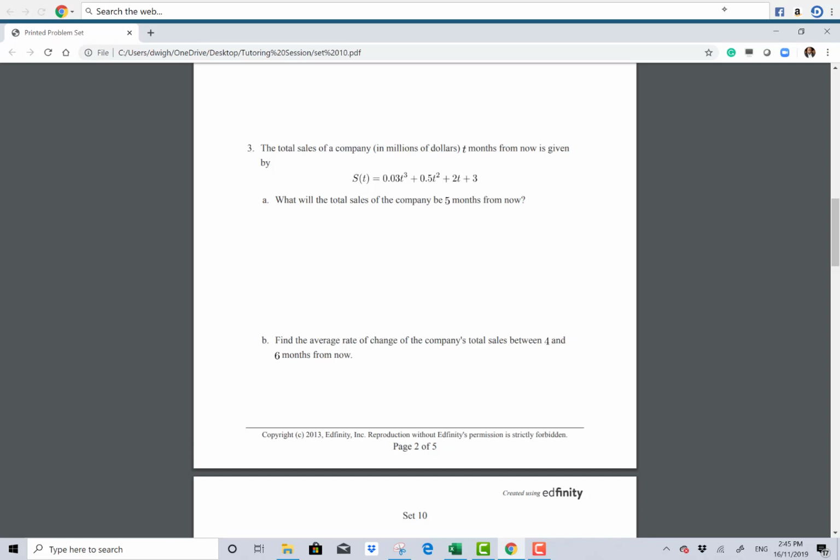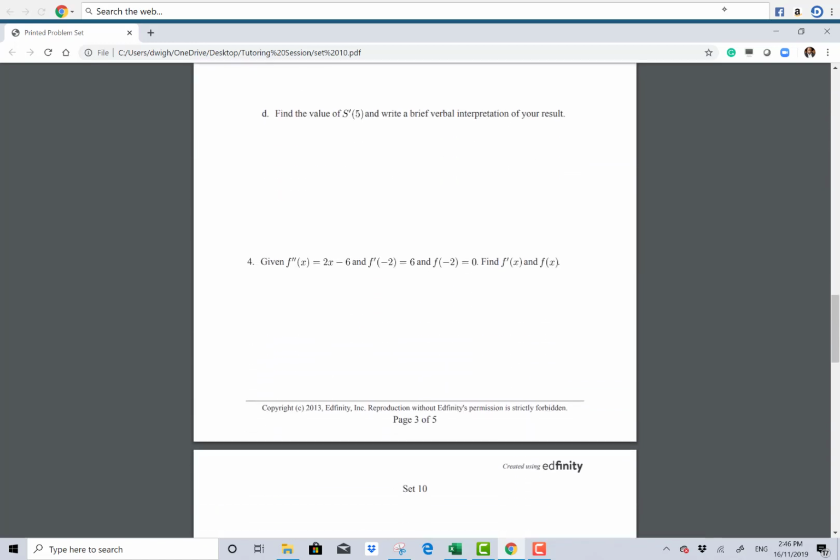So finding the sales specifically at 5 months, the instantaneous rate of change in 5 months is going to be 9.25. That's representing the instantaneous rate of change. So at exactly 5 months, that's the amount that I'm going to actually be selling. That's the verbal interpretation of this particular problem.